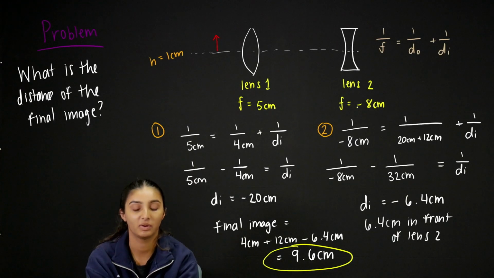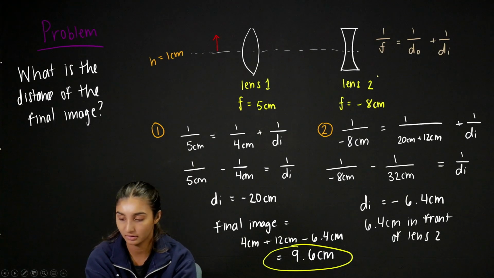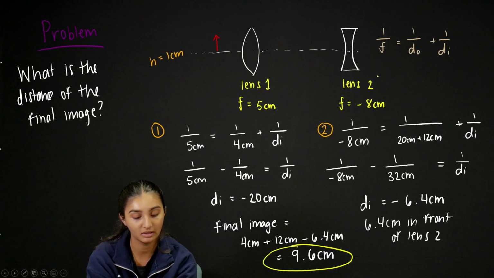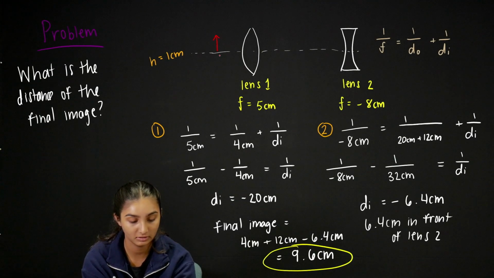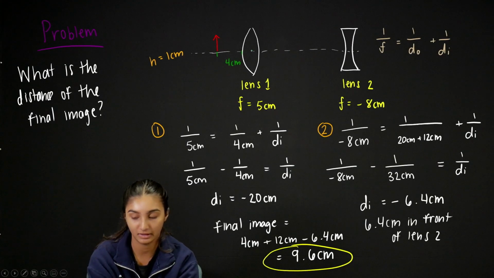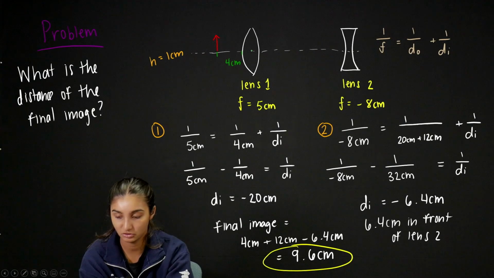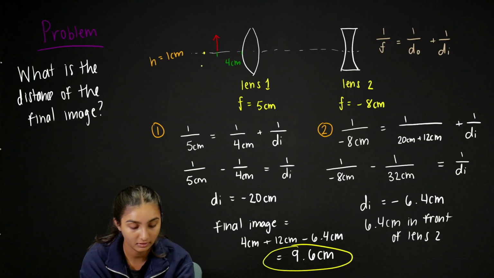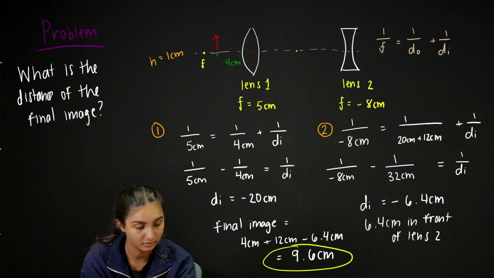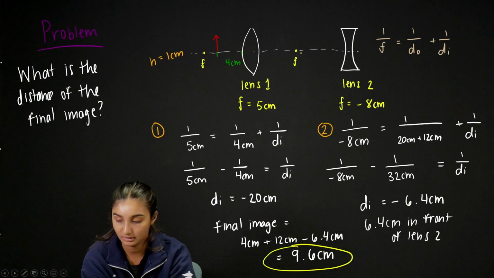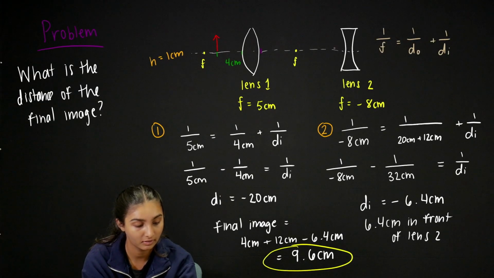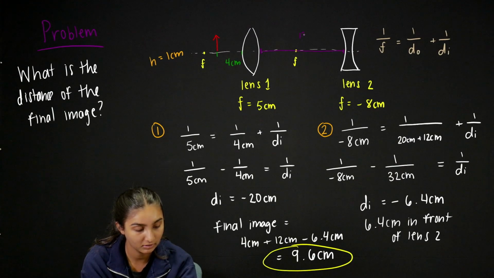And just to clarify where the focal points would be, our object is at a distance of 4 centimeters, like we said earlier. And our focal point is 5 centimeters, so it'd be just outside over here. And around over here, 5 centimeters. And this distance we have is 12 centimeters.